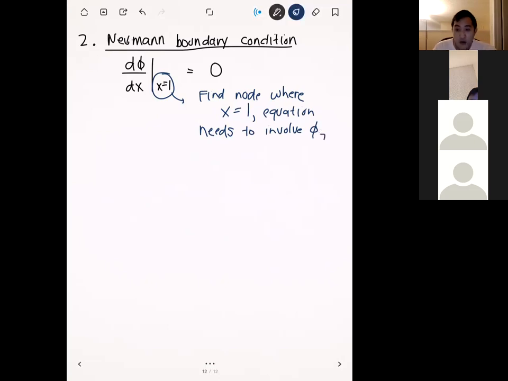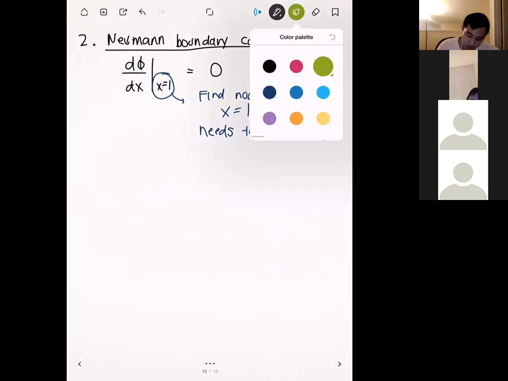And so we have here a derivative expression, right? We know that whenever we come across any derivatives in this class, we're going to replace it with some kind of discretization.